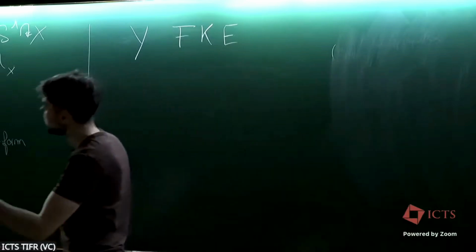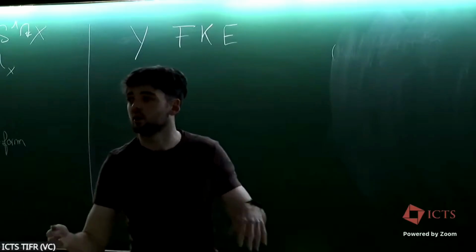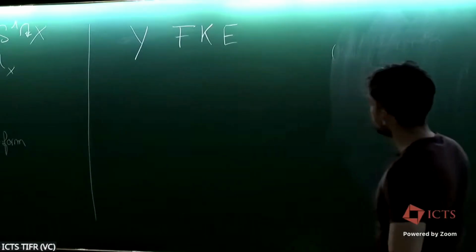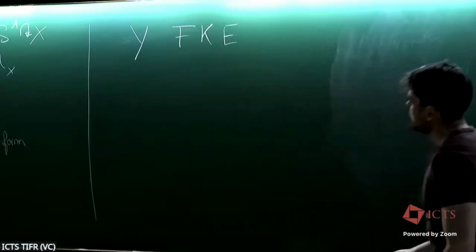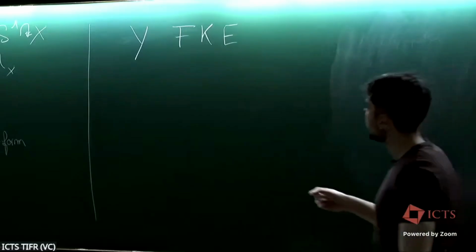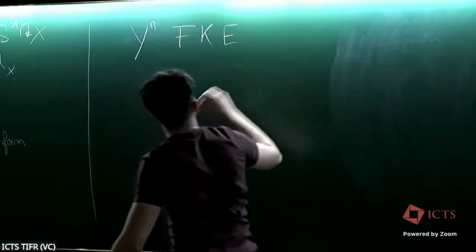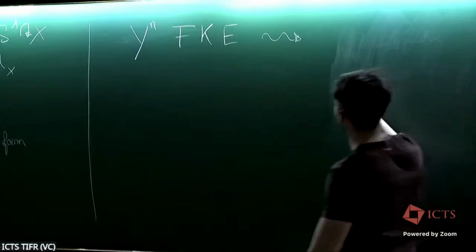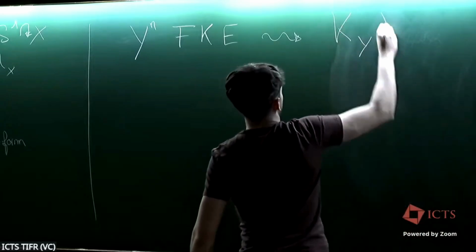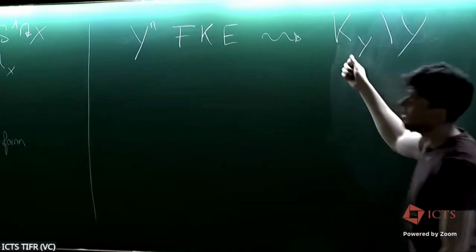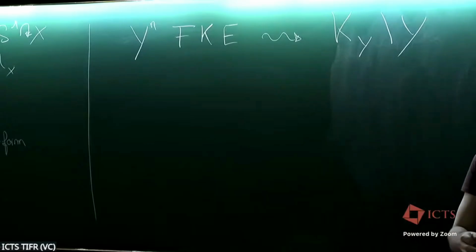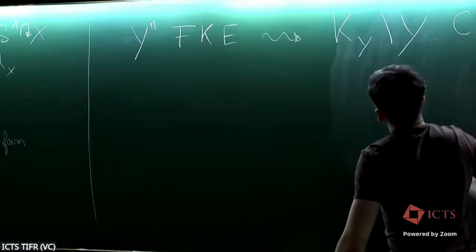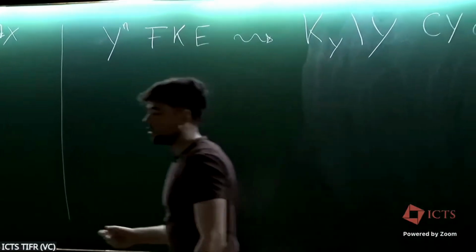Kähler-Einstein, like we saw in the talk earlier, means that the Ricci curvature is just proportional to the metric. With this Fano-Kähler-Einstein manifold of complex dimension n, I can associate a Calabi cone, which is given by the canonical bundle where I remove the zero section. So this is a Calabi cone. Here's my notation for the canonical bundle.